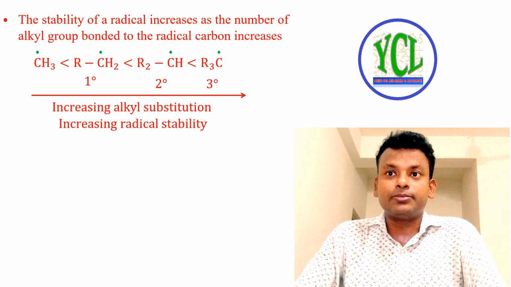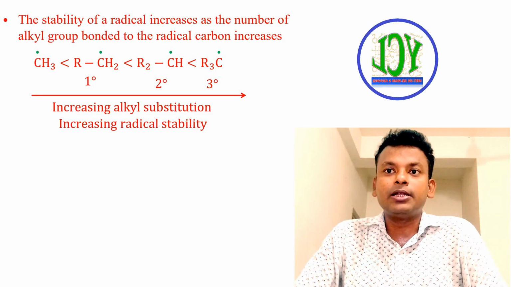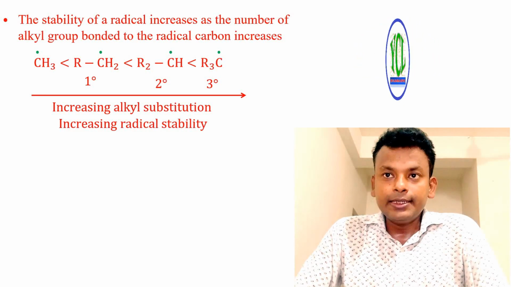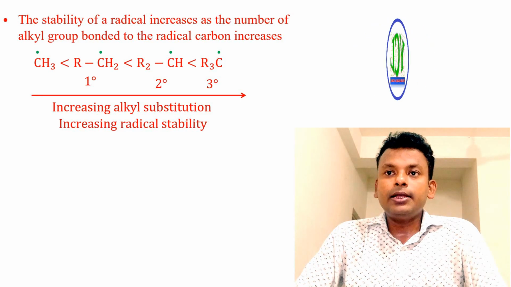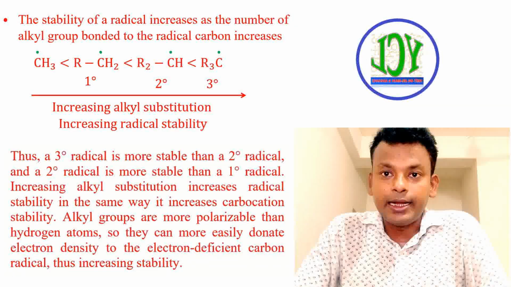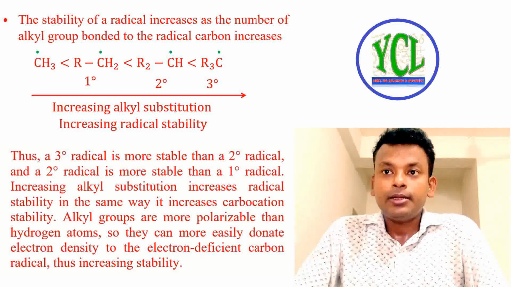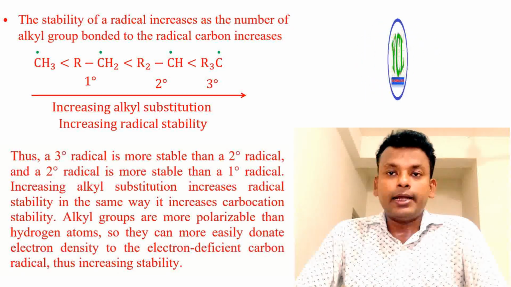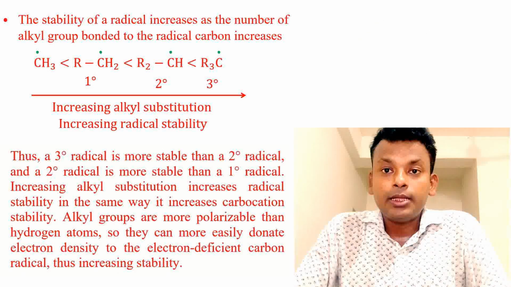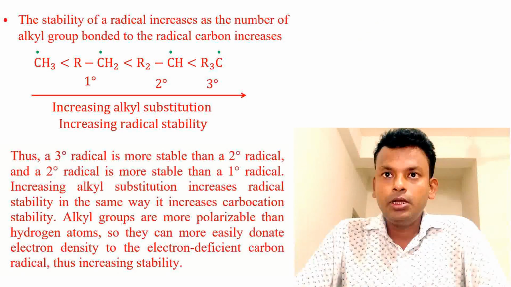Increasing alkyl substitution increases radical stability. Thus a 3 degree radical is more stable than a 2 degree radical, and a 2 degree radical is more stable than a 1 degree radical.